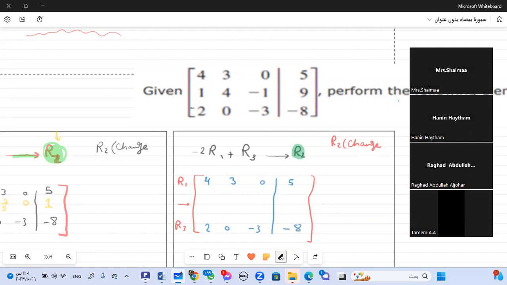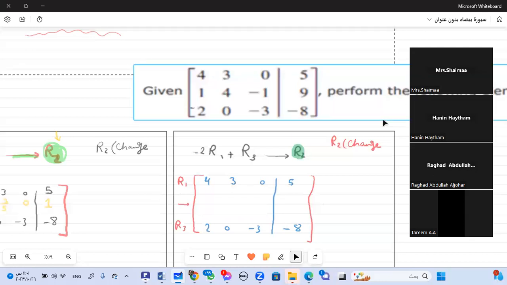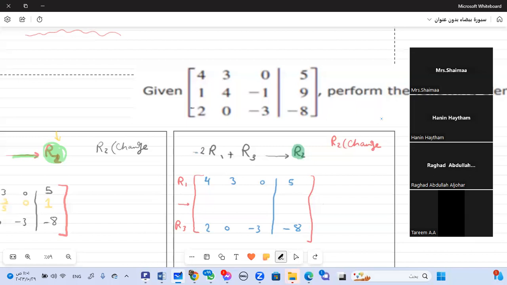But how can you find the change inside row 2? Who can help me?